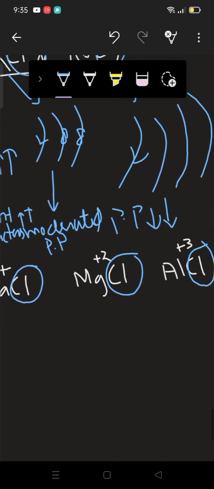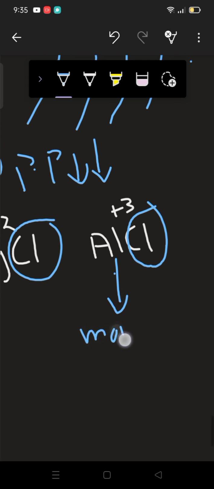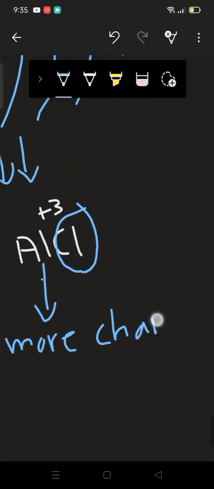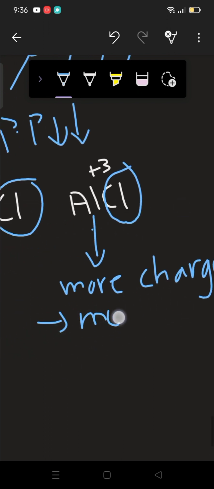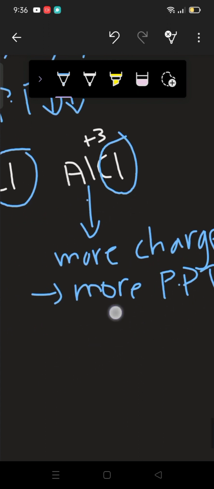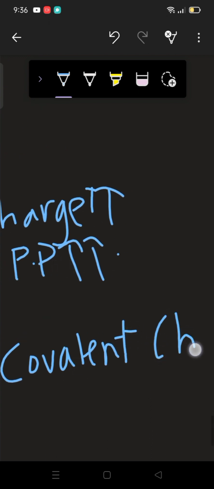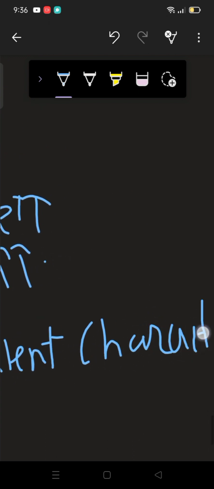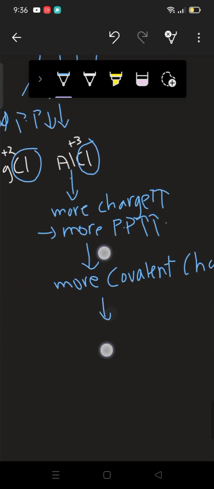Na has 1, Mg has double positive charge, Al has positive 3 charge, which means it has more charge, so it will have more polarizing power, and more polarizing power means more covalent character, and more covalent character means less ionic bond.